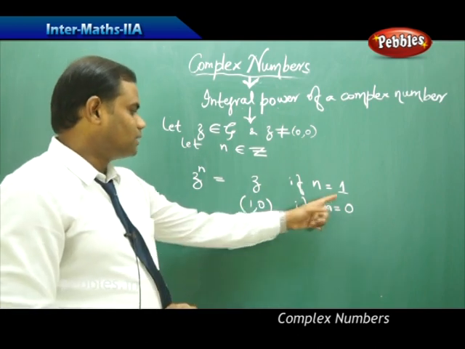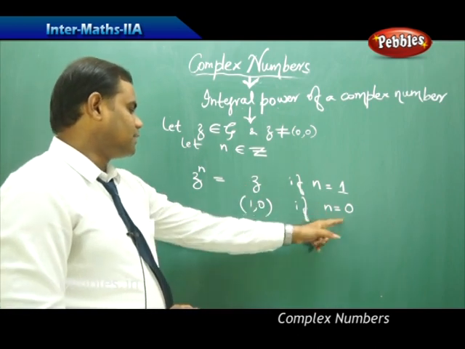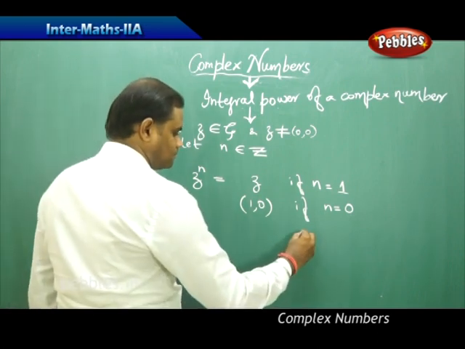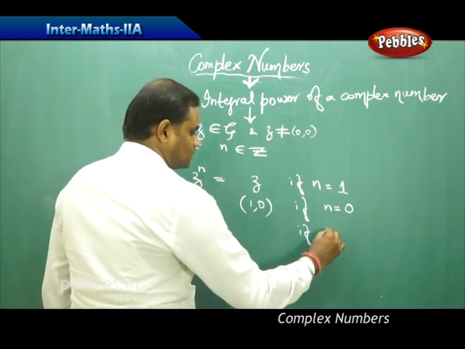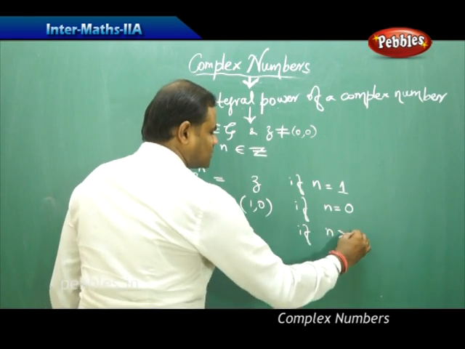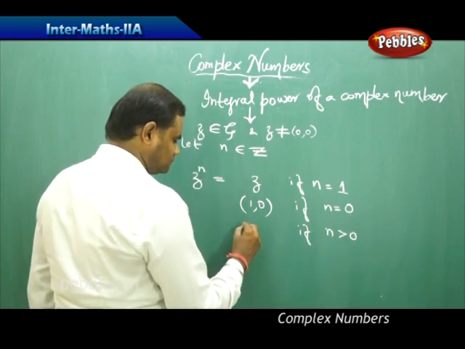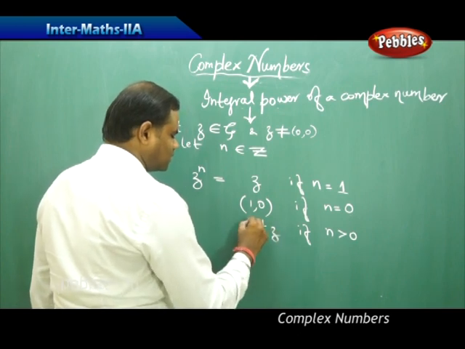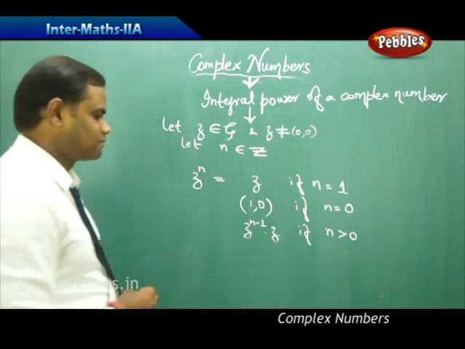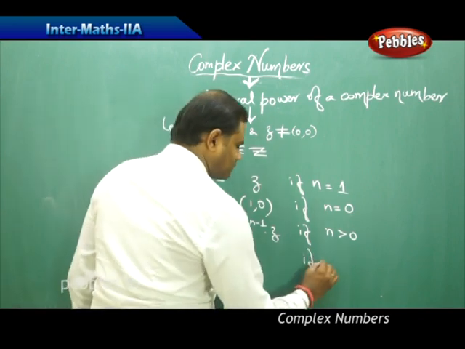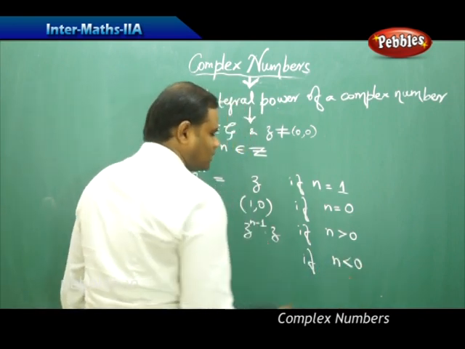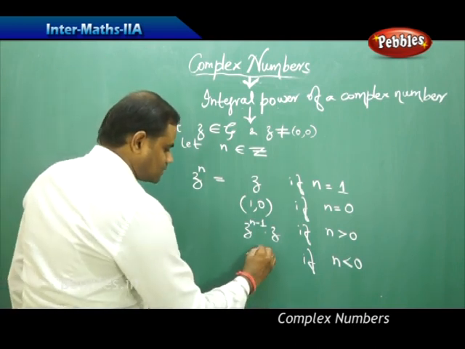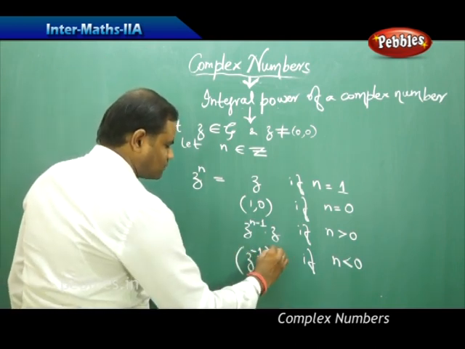Therefore, if n equals 1, it is z, and if n equals 0, this will be (1, 0). If n is greater than 0, I can write this as z^(n-1) times z using the law of indices. And if n is less than 0, then I can write this as (z inverse)^(-n).